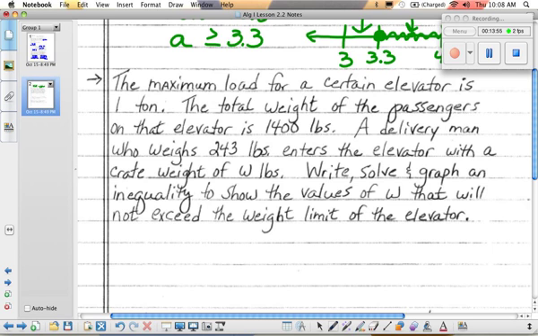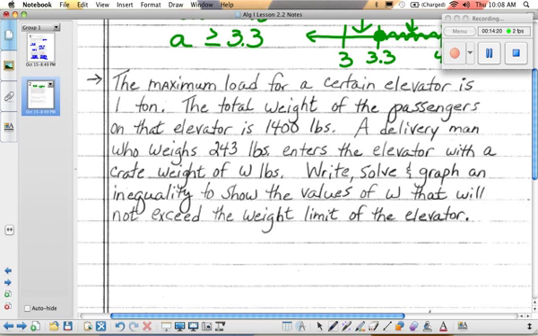The total weight of the passengers on that elevator is 1,400 pounds. So there's a whole bunch of people on this elevator already, and altogether they weigh 1,400 pounds. A delivery man who weighs 243 pounds enters the elevator, so he wasn't on it yet, but he's coming on, and he has a crate that weighs W pounds.